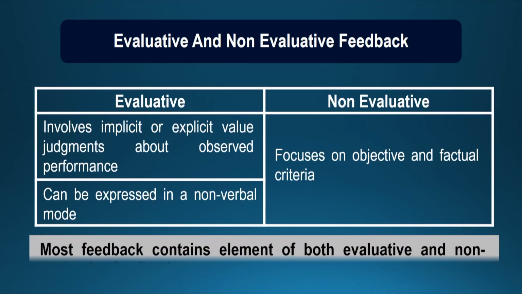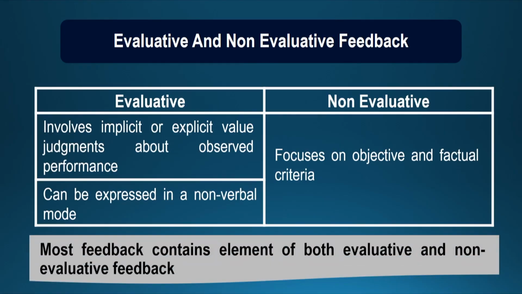In such context, the student needs to know the scores of other students in the class or the specified criteria or standards that are expected by the teacher regarding that score. So, most feedback in the classroom contains elements of both evaluative and non-evaluative feedback.